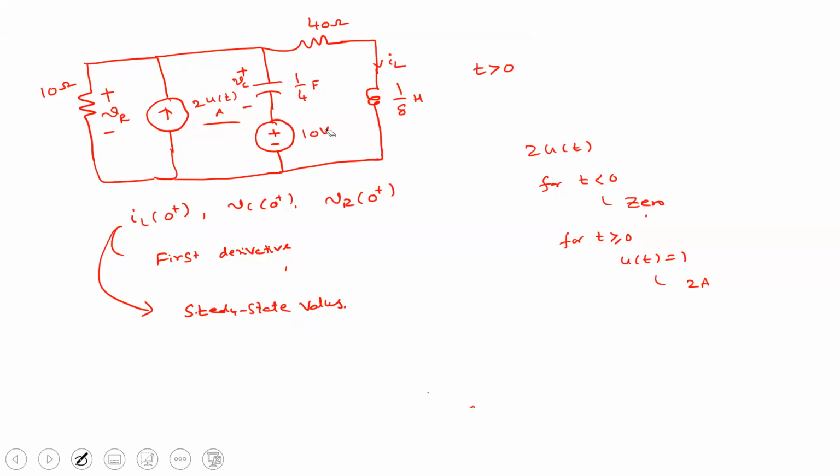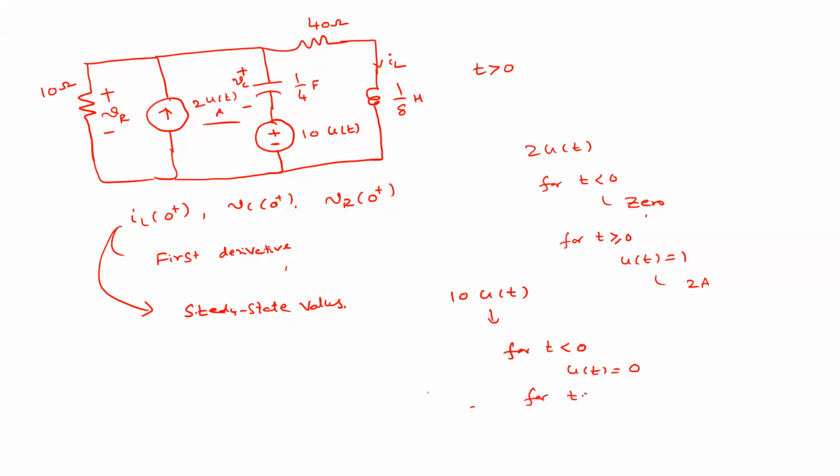Same thing, for example, this is 10 into U of t. So how will you deal with this? For 10 into E of t, for example, this is a voltage source, so this 10 volts. For t less than 0, U of t equals 0.